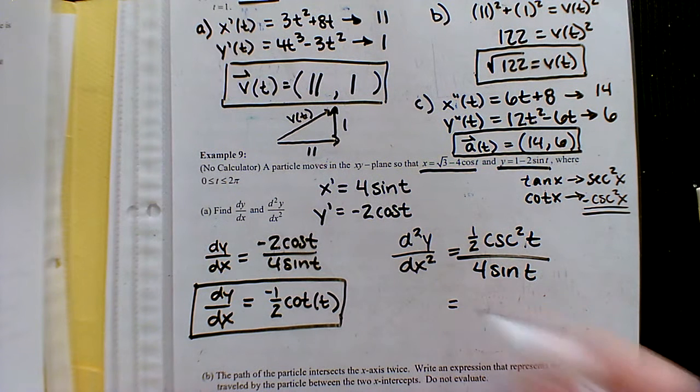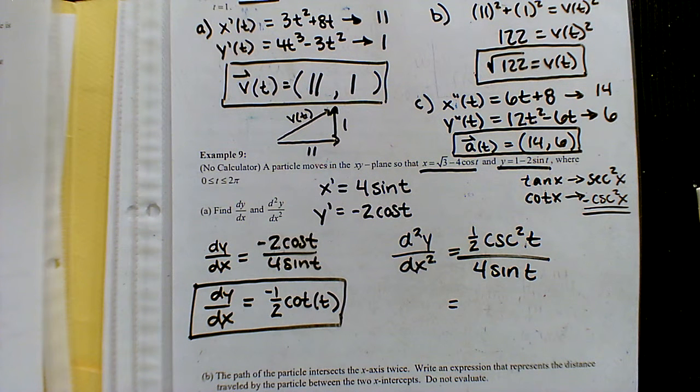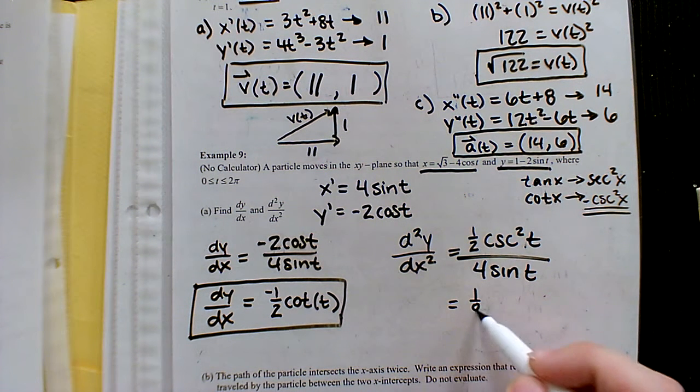Can we clean that up? One half divided by 4. That'd be 1/8.